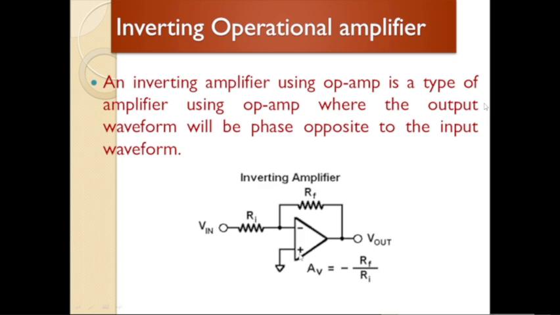Negative and positive signs have been given at the input terminals. The negative sign indicates the inverting operational amplifier. Whenever we apply the input to the inverting terminal, the output is going to be opposite of its sign.